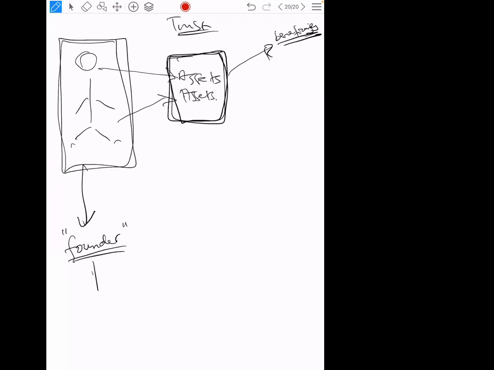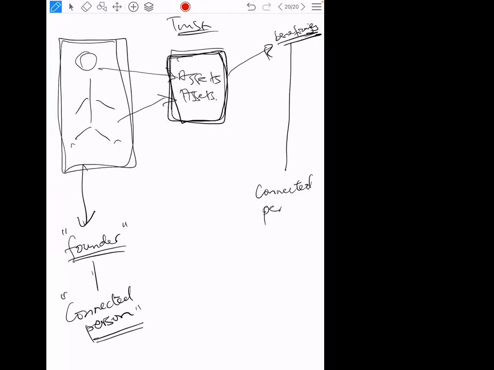And the founder automatically becomes a connected person to the trust. It is his trust. He's the one who created it. The beneficiaries are also connected persons because they've got a vested interest in the trust. And if you are a connected person to a connected person, you become a connected person.